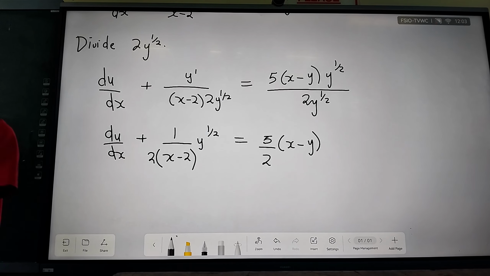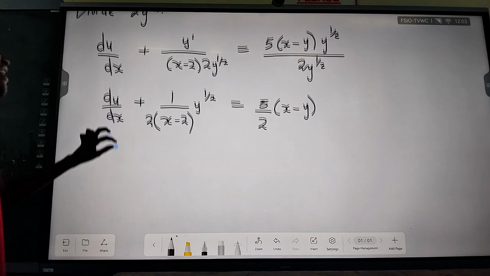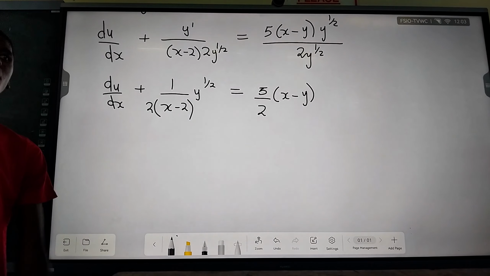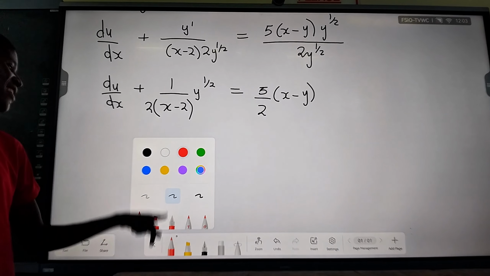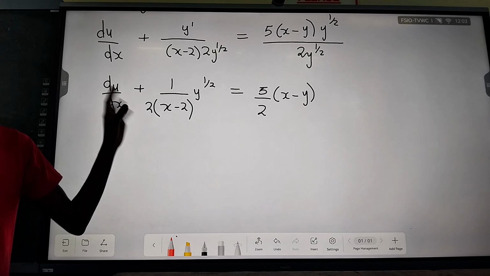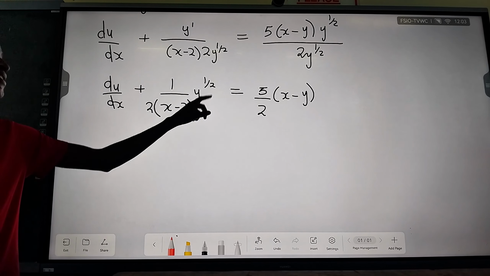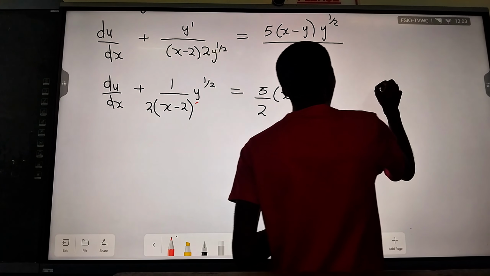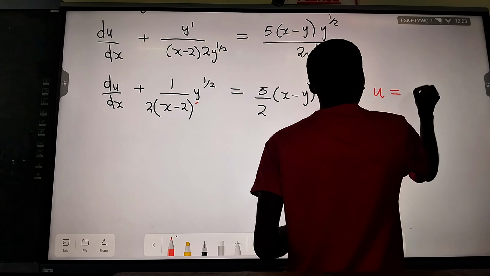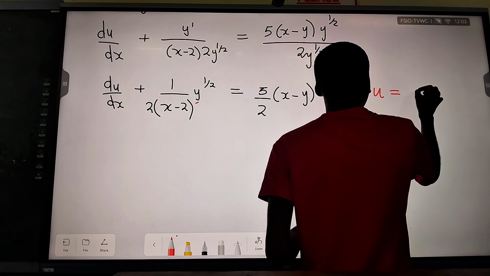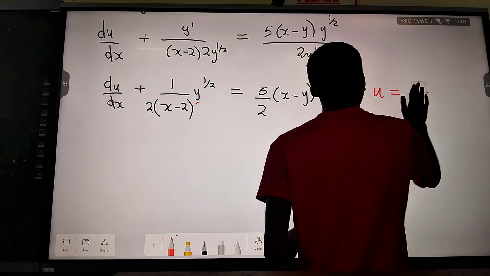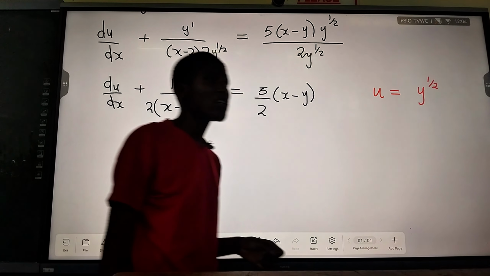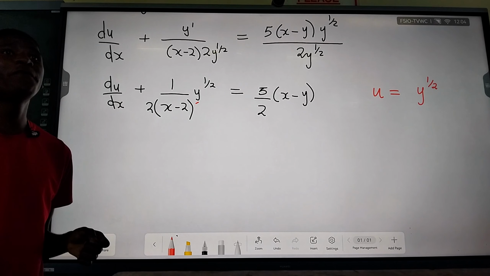So here we see that it's in terms of u, but the problem is that this is not completely in terms of u, because there is still y. What is the relationship between y and u? u is y to the power of half.